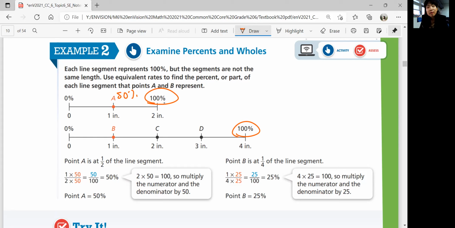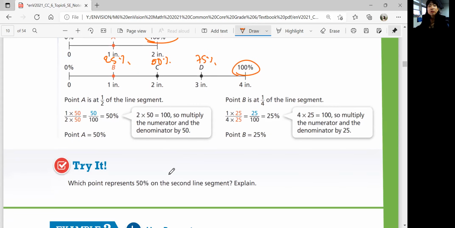If you only have 1 inch, how many percent is that out of 4 inches? It's not half, it's half of half. So 50 divided by 2 is 25%. That is 25%. C, 2 inches now would be 50%. D would be 75%. Okay, so depending on what your whole is, your part also changes.